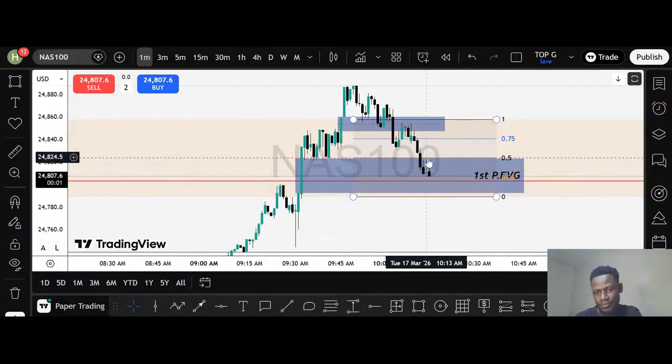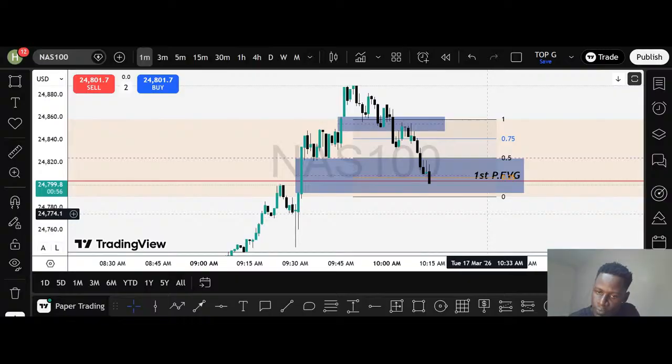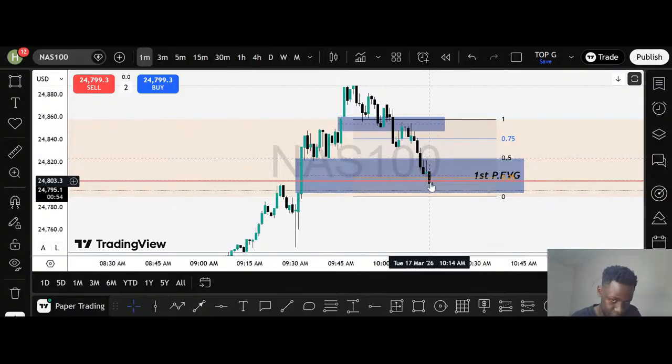And we will not really try into it. So now we're breaking below the first presented fair value gap.